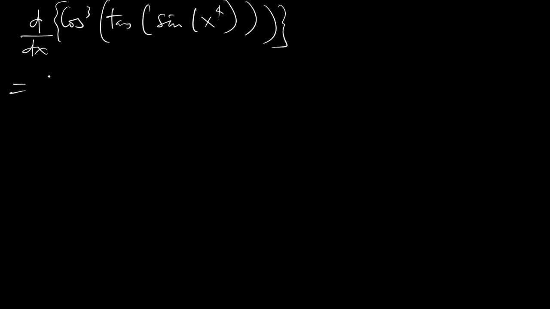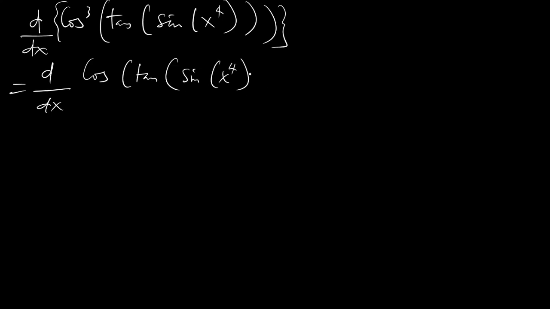We can rewrite this in this other form. Bringing these out, you have cos, you have tan, you have sine, you have x to the power 4 with these brackets. This one, this one, this one, with the one, then this whole one, squared, cubed.